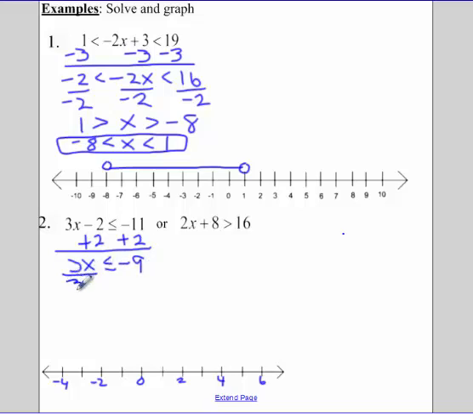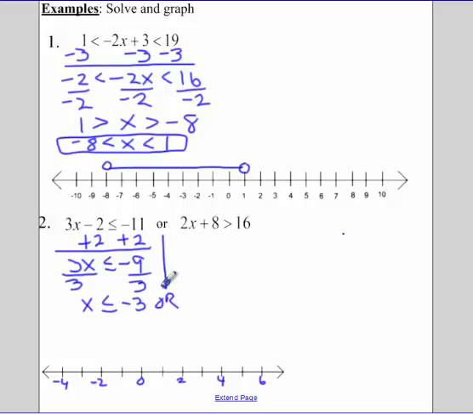Divide by 3 on both sides. X less than or equal to -3. Or, you must remember to bring the or straight down.